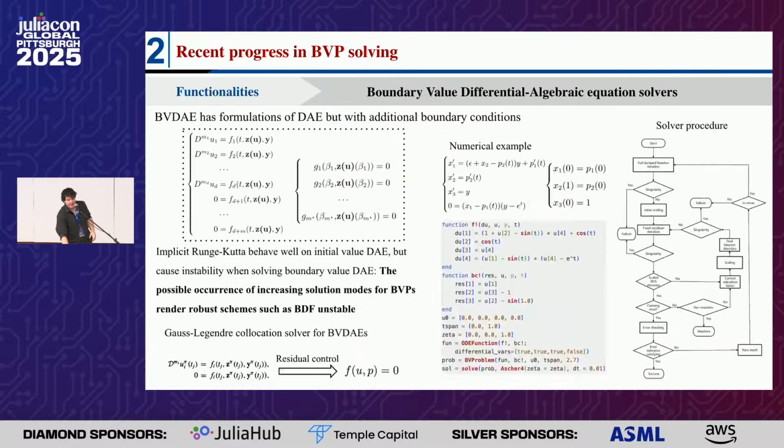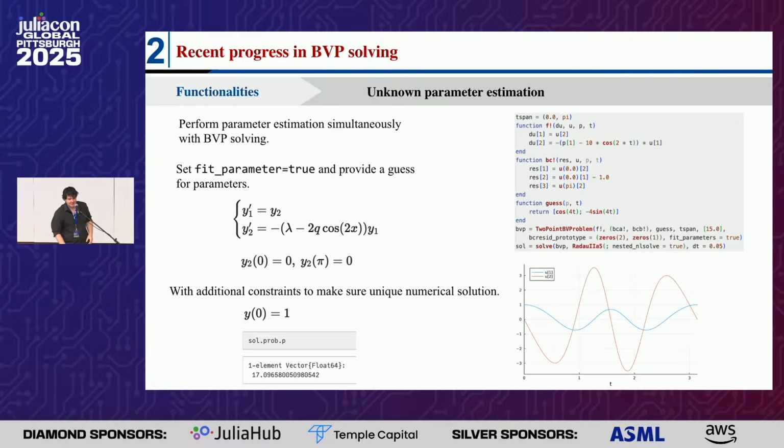And so then you get this nice setup, where you basically just say, here's my boundary value problem, and you're given these constraints, where you just say, u of pi is equal to 0, u of 0 is equal to 0. So this is 2 ODEs with 3 constraints, and then you want to fit parameters, which means simultaneously to solving this boundary value problem, also tell me the parameters that would be optimal such that these constraints are satisfied.